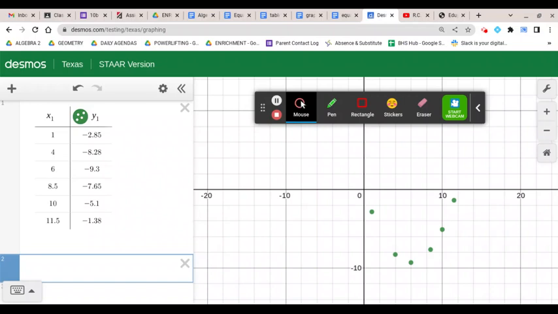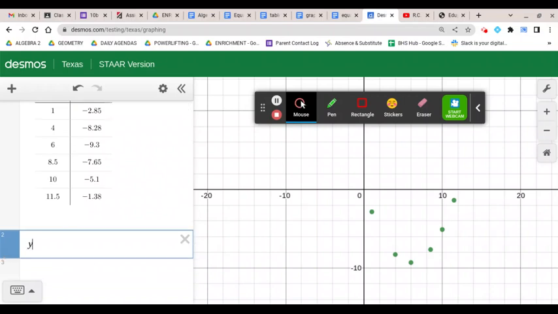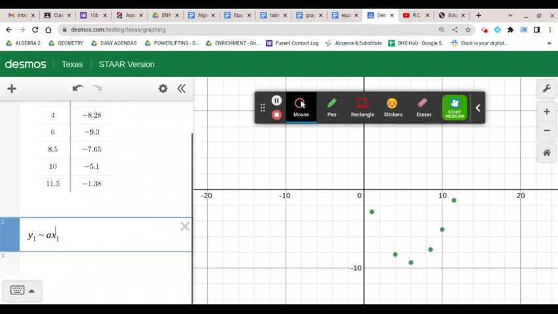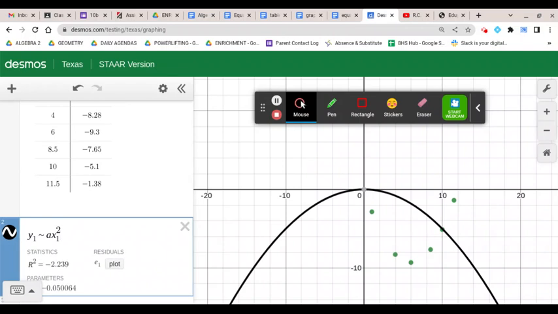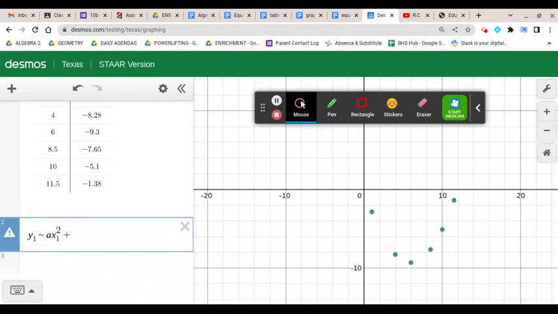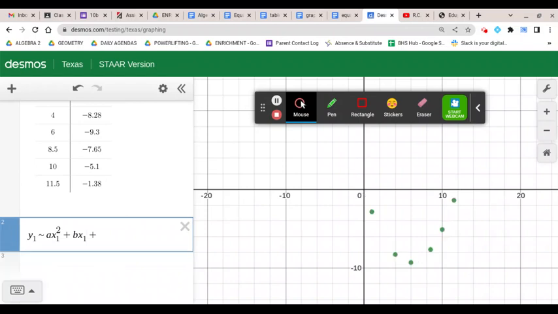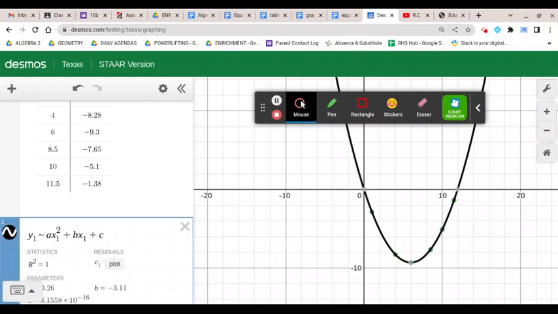Right? So on your little cheat sheet, we know quadratic is y1 squiggly ax1 squared plus bx1 plus c.